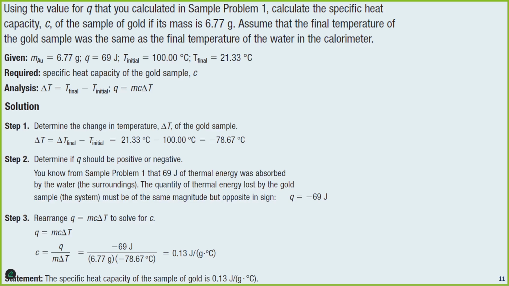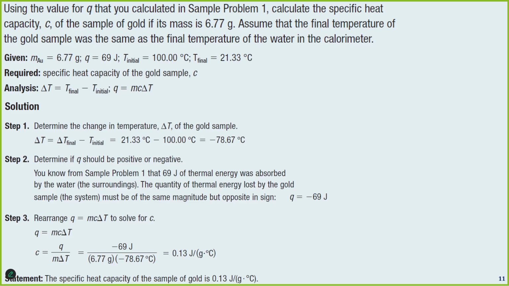Then we can rearrange Q equals mc delta T to solve for C, which is 0.13 joules per gram degrees Celsius. Then the final statement is the specific heat capacity of the sample of gold is 0.13 joules per gram degrees Celsius.